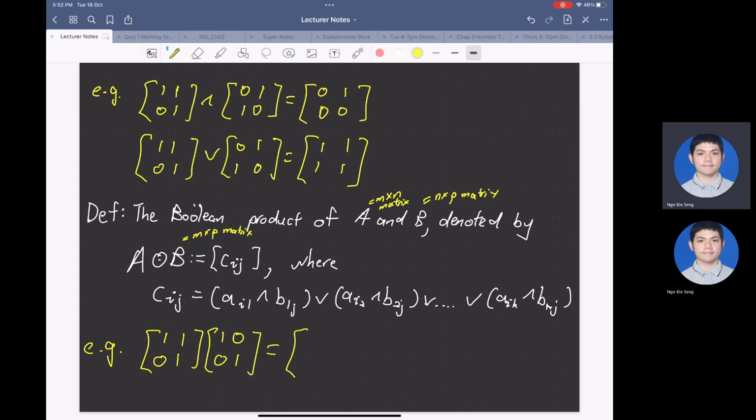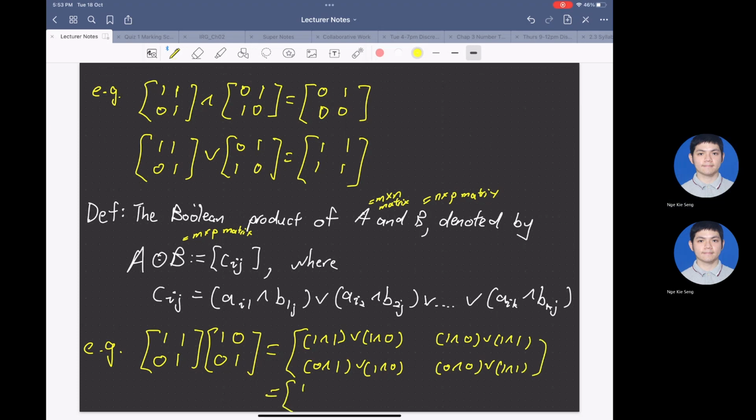So what do you get for this? You get 1 and 1, or 1 and 0; 0 and 1, or 1 and 0; 1 and 0, or 1 and 1; and 0 and 0, or 1. Which gives you 1, 1, 0, 1. Is it correct?